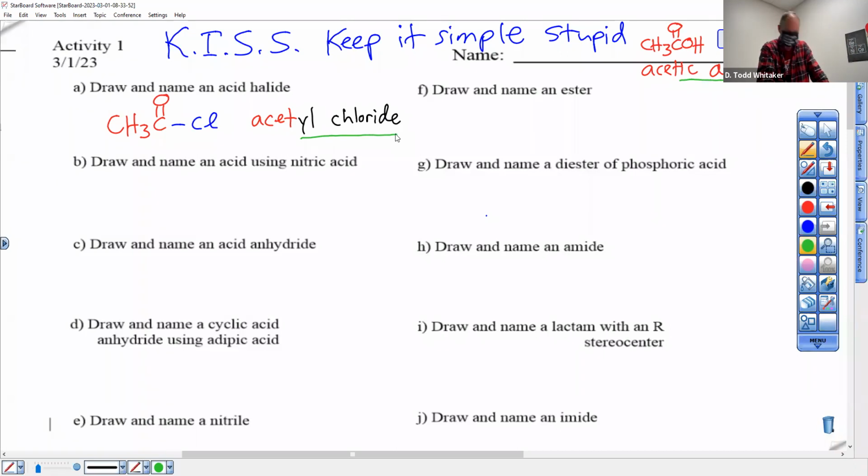Nitric acid. And sometimes I do this, and I don't want it to be a surprise. Sometimes, I do this, show all pi. Because I do want you to show me what nitric acid looks like, or the ester of nitric acid.